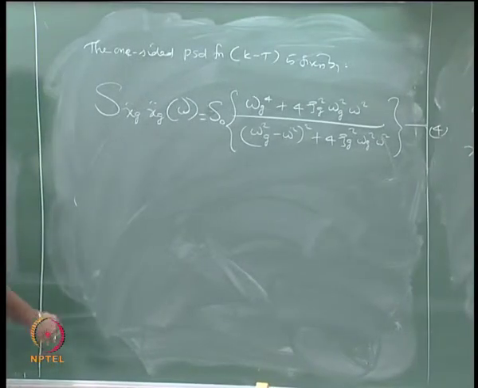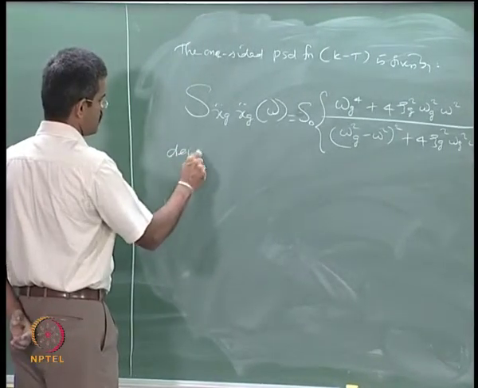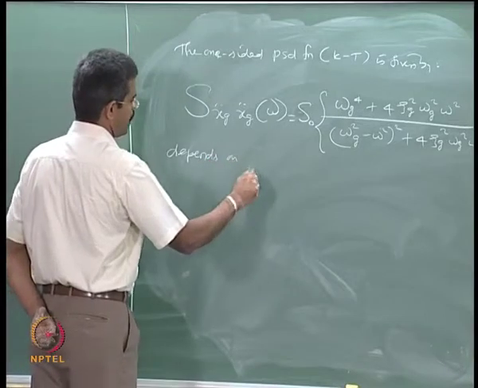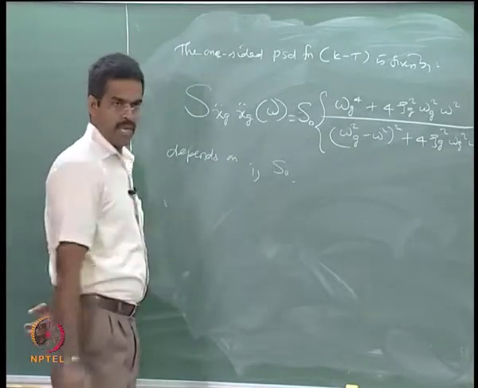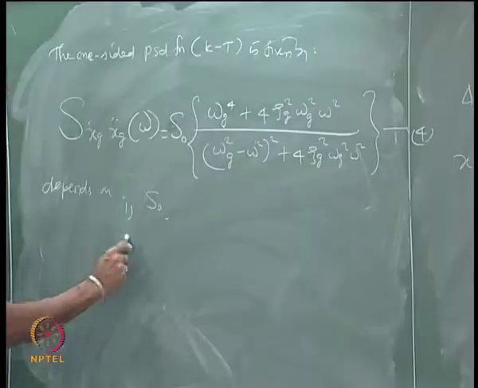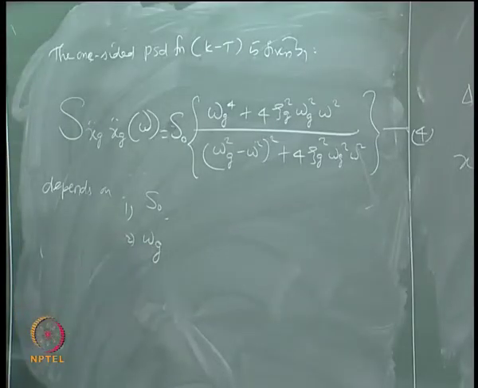You can see that it depends on 3 parameters. One is S0, other is omega g, and third one is zeta g.